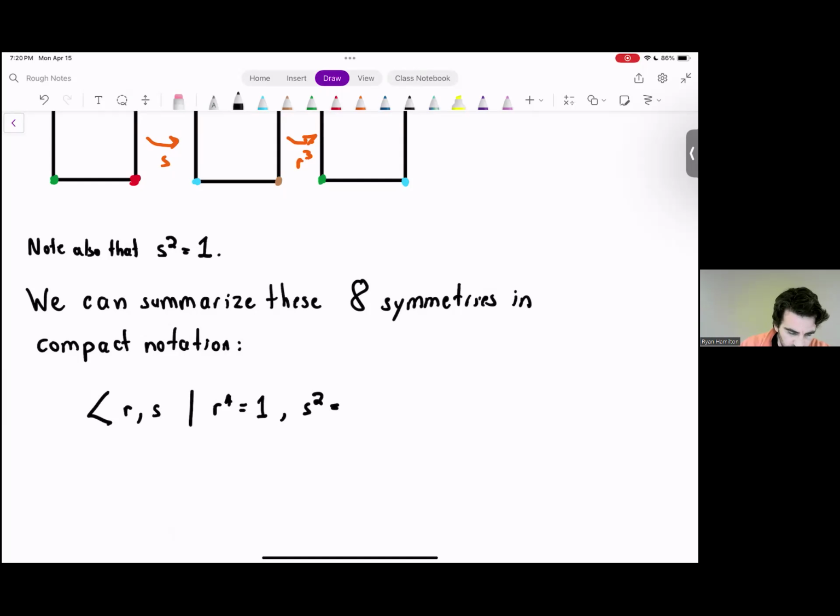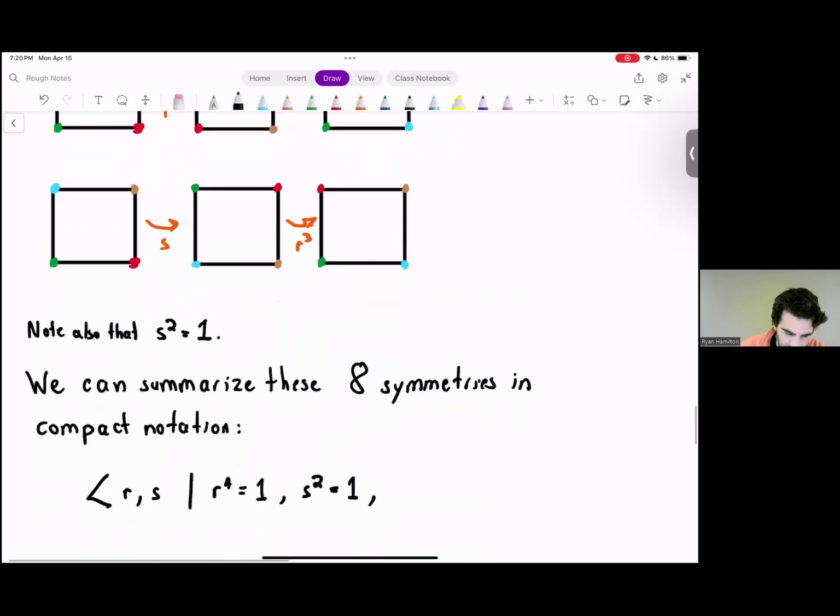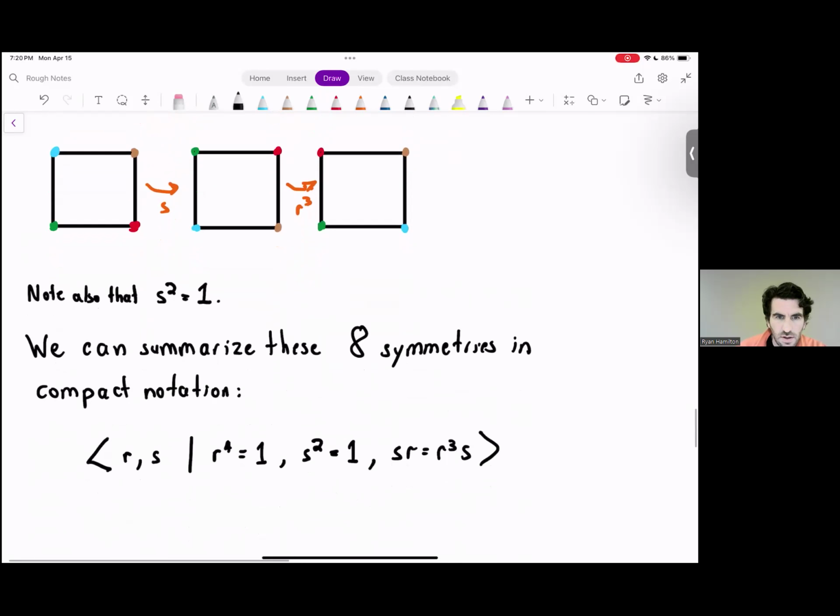And a reflection, which has the property that if you apply it and then it again, you get back to where you start. And then finally, the last one is this beautiful property we have up here, SR is R cubed S. So these are the symmetries of the square.